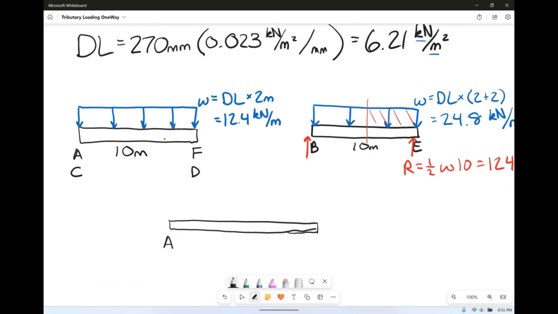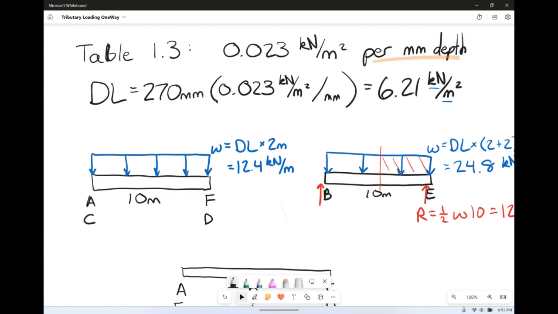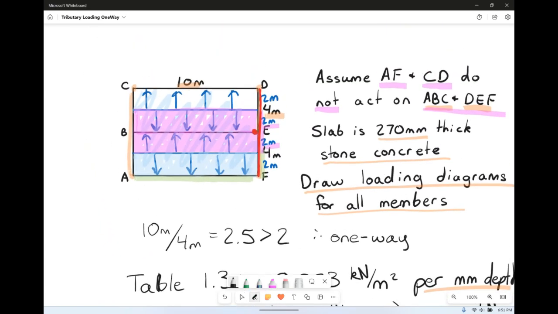Now if we go look at the beam for ABC and DEF, is there anything in our loading diagram being angled towards those vertical members? And the answer is no. All of those forces that we have in our picture, none of them are going out that direction. They're all going vertically.